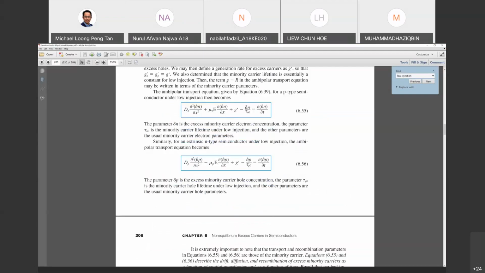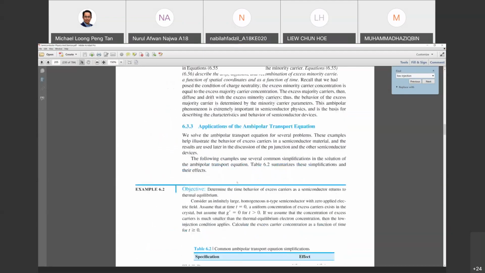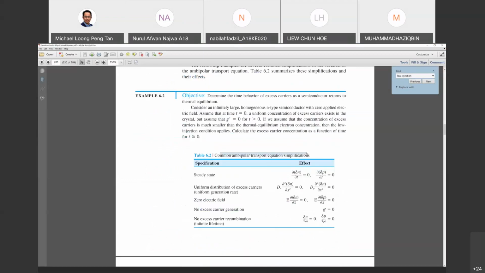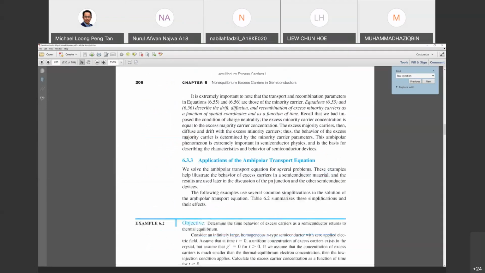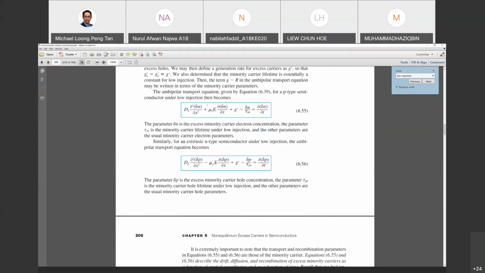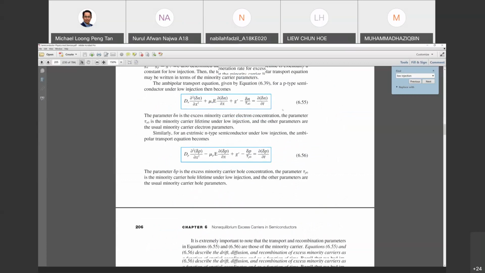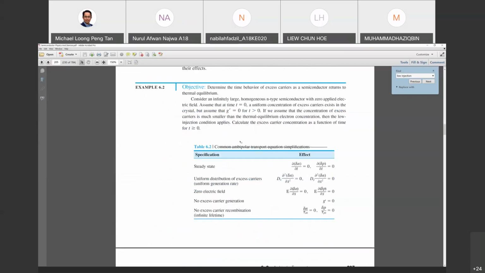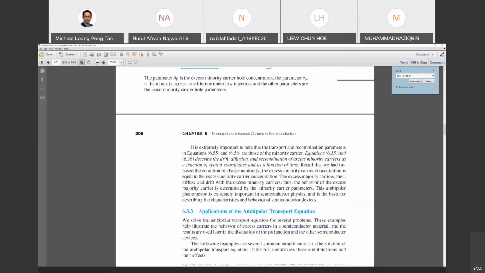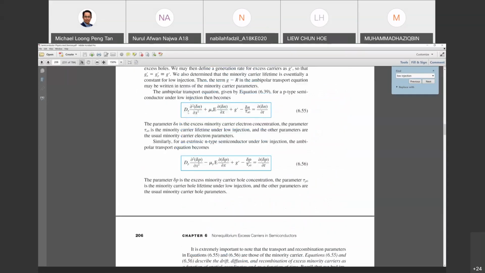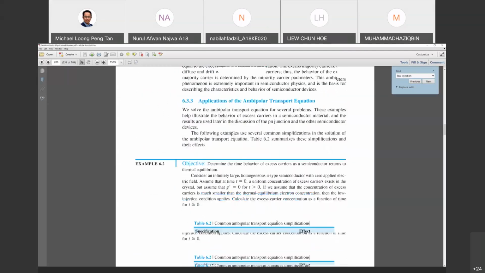When you get this equation, if they give you certain steady states or certain conditions or environment, then in this 6.55 and 6.56, you can cancel. You make it even shorter. So the condition simplification is if they say, give me the ambipolar equation in steady state. You have to know what the general ambipolar equation is, then you cancel it and make it shorter. That is what you're trying to do here.